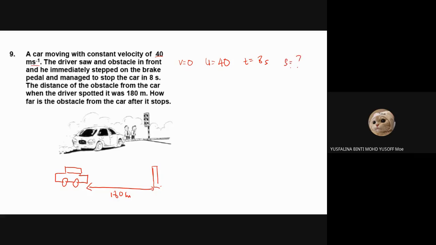How do you find S? You have to use the formula S equals half times U plus V, times T. U is 40, V is 0 and the time is 8.